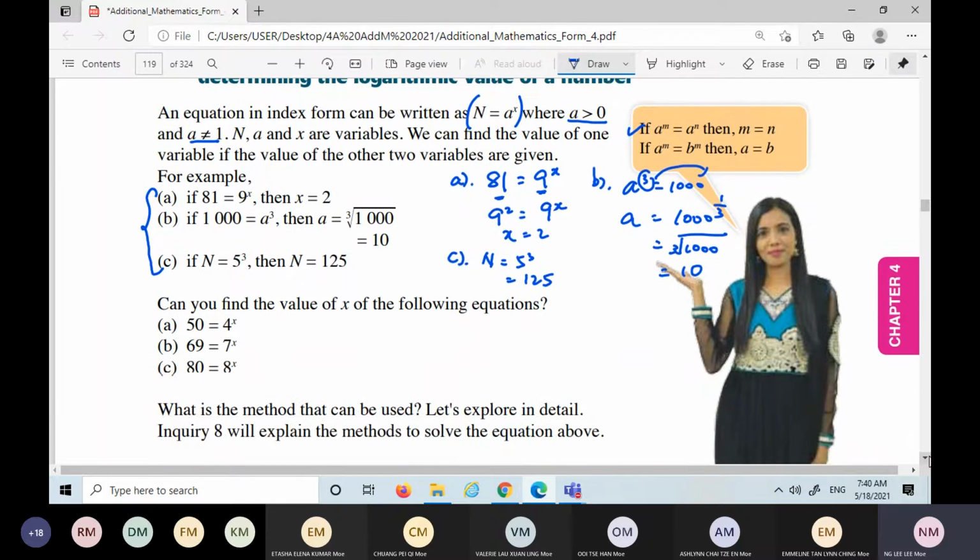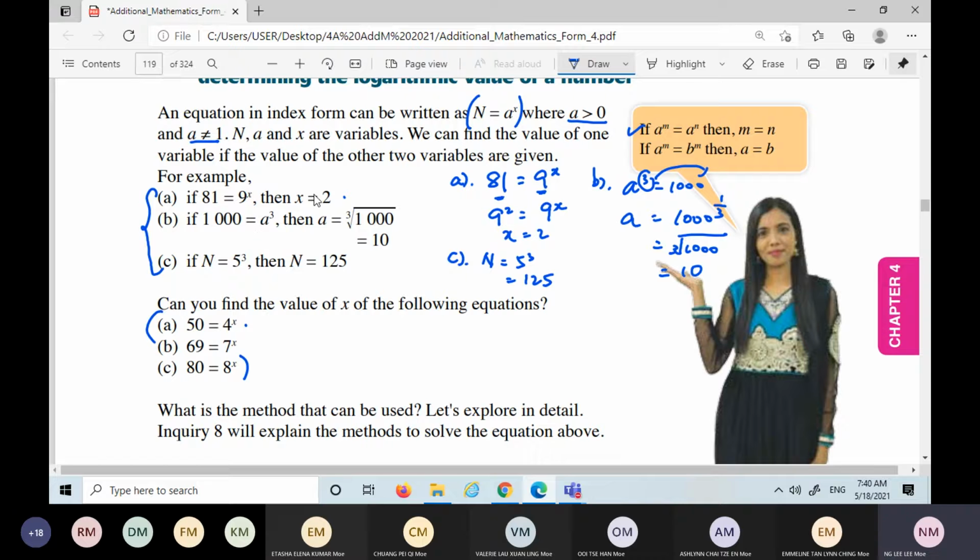Next, now they throw you these questions. What do you think? Can you find the value of x in the following equations? You see this one is the same type as this. For A, n equals a to power x. n and a are given, but x is not given. x is the variable that is not given.